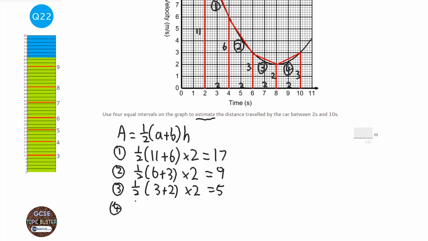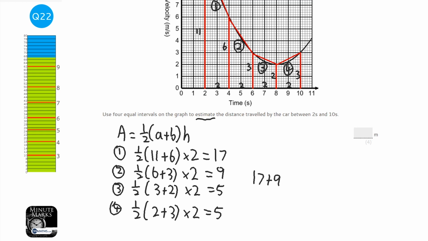So the fourth one is going to be half 2 plus 3 times 2, which is also going to be 5. So to work out the total area, 17 plus 9 plus 5 plus 5. I don't know why I'm using a calculator for this as well, but it's here, so we might as well use it. So it's going to be 36.